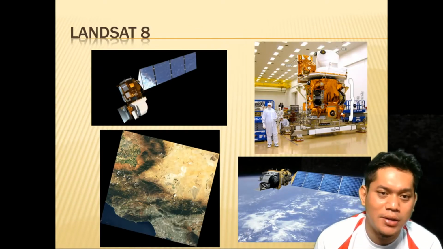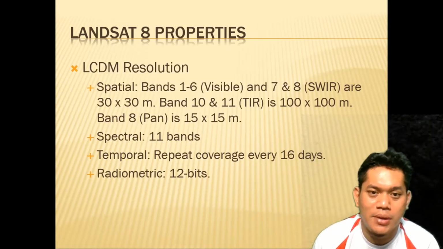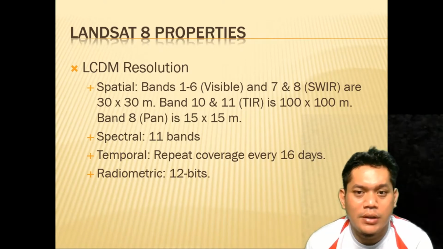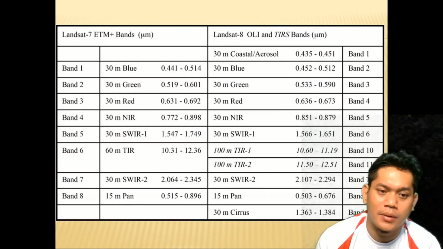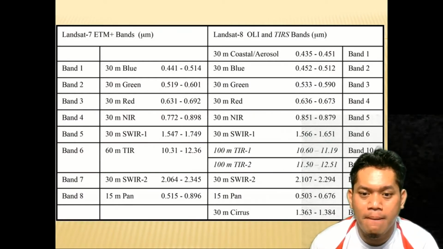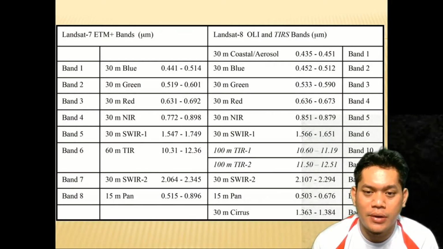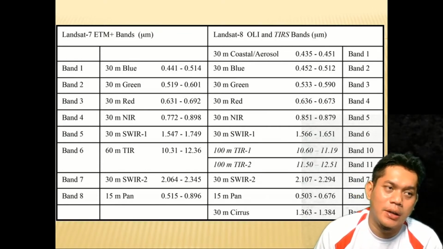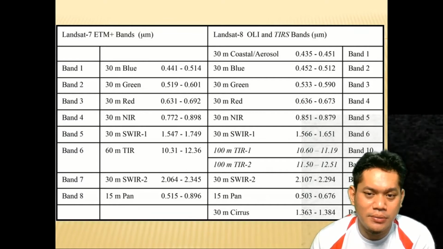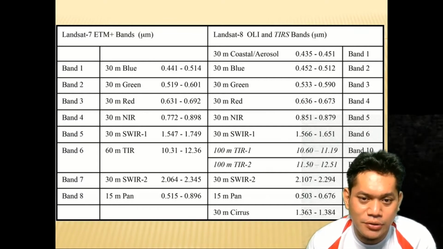Now is the latest one. This is Landsat 8, much better. We have 11 bands to be utilized. It's a lot actually. For thermal infrared, they have 2: one is for the surface, one is for the atmospheric thermal, so you can estimate those two.